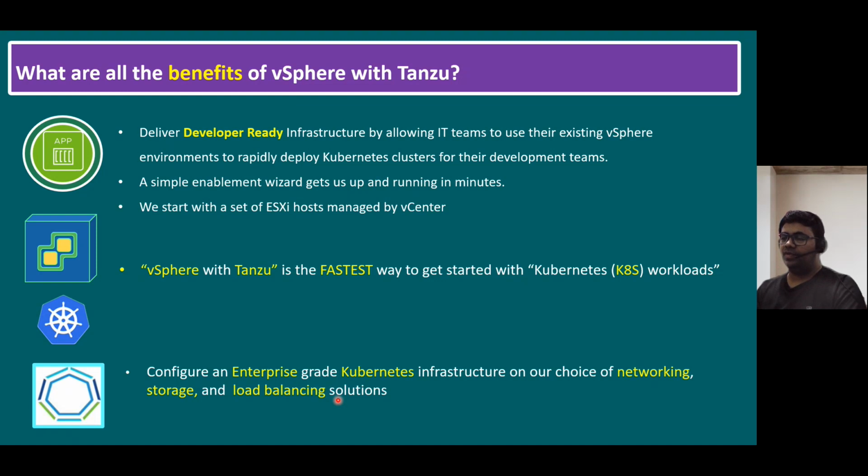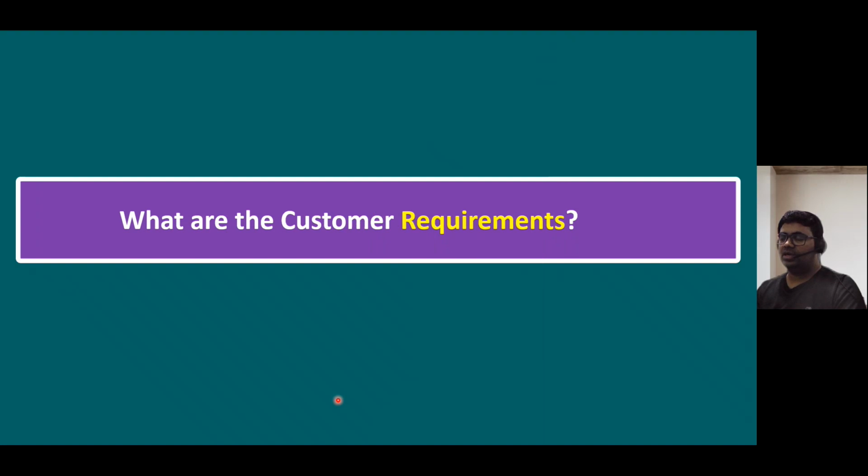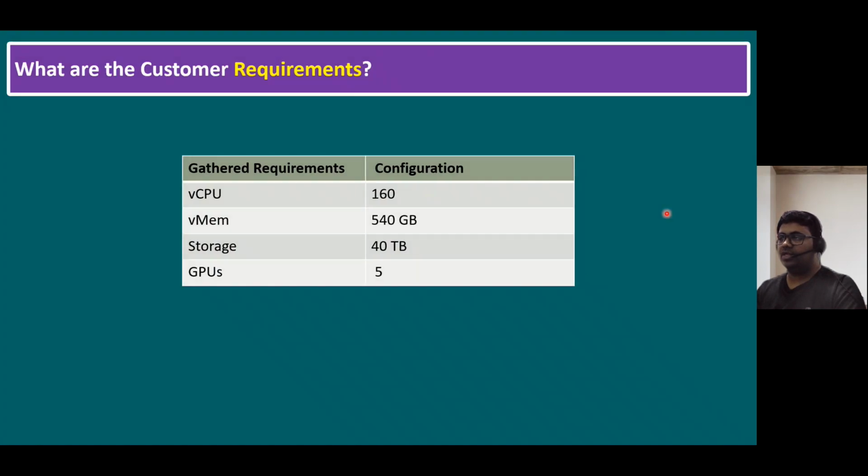Now, before we understand how to propose a solution design, in general, first we need to contact our customer. We should have a customer conversation. During the customer conversation, we can gather all our customer requirements. Here is one example I'm giving, and you can correlate it with your own experience.